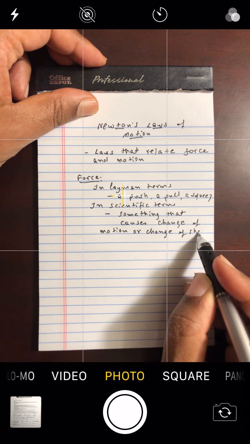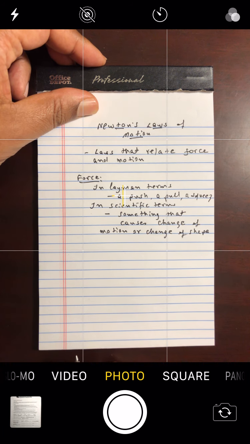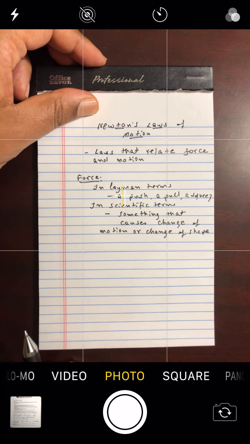Okay, so when you throw an object, you're changing its motion. When you squeeze an object, you're changing its shape. But in this chapter, we're going to concentrate on the change of motion aspect of force.